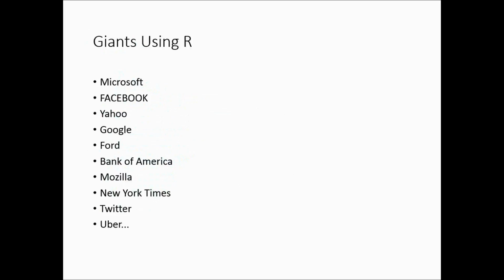Microsoft, Facebook, you will have thousands of posts coming in every hour, and Twitter gets millions of posts per day. Mozilla has hundreds of thousands of users using their web browser every day, so many people coming in and going out, and they need to keep a log of it. And Ford Motor Company is one of the biggest chains in the automotive industry, with different branches on different applications.